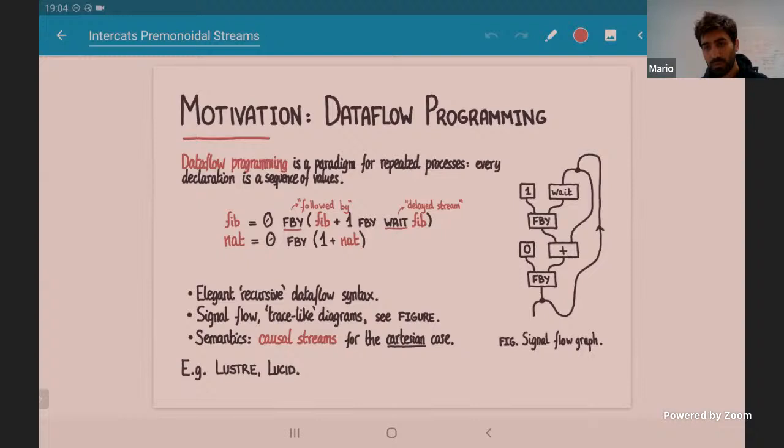Each one of these values in the sequence can depend on the previous values. So for instance, here I have code. This would be valid code, I think in Lucid, that defines the natural numbers. And it just says, well, the natural numbers are a stream of values, a sequence of values that starts with 0, and it's followed by 1 plus the sequence of the natural numbers.